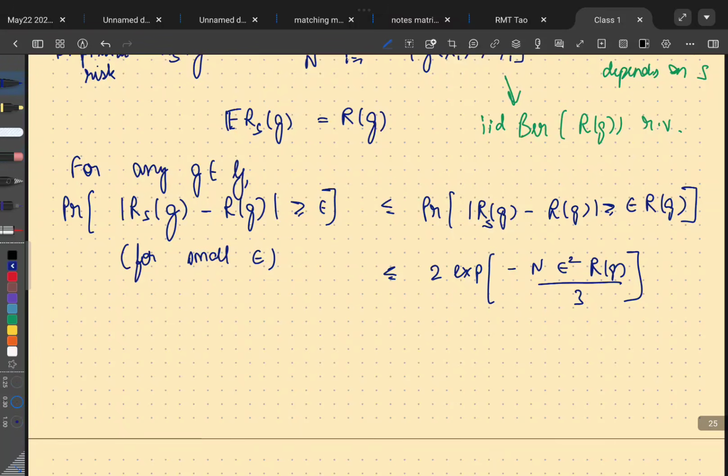Let me assume that R of g is at least some value m. Then this quantity is less than or equal to 2 e raised to minus n epsilon squared m divided by 3.